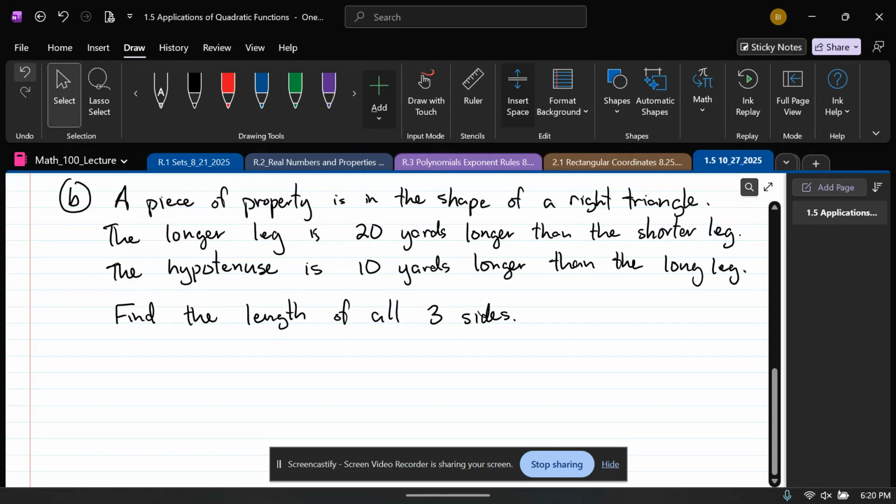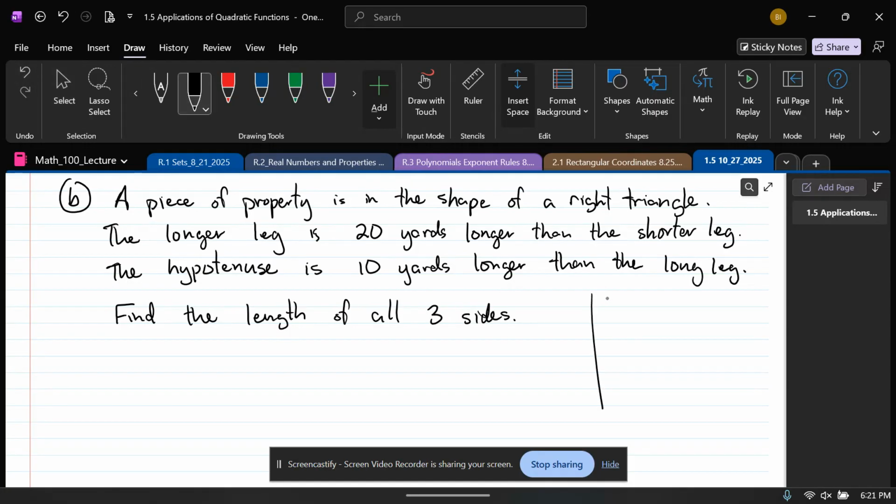So a good little word problem here, but it uses a right triangle. Okay, so we've got to think a little bit about what we know about right triangles and some pieces of information. First thing I'm going to do is draw myself something that looks similar to a right triangle.